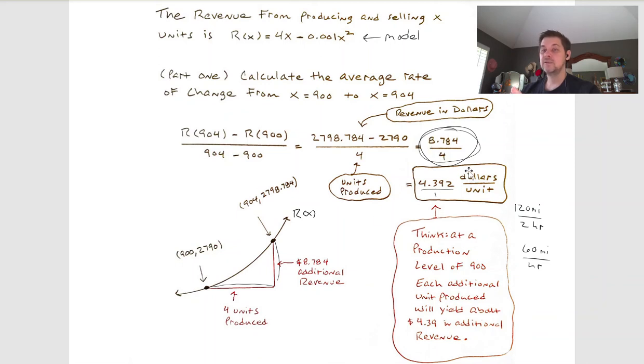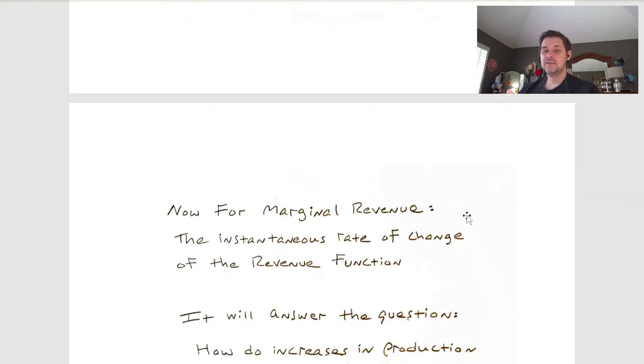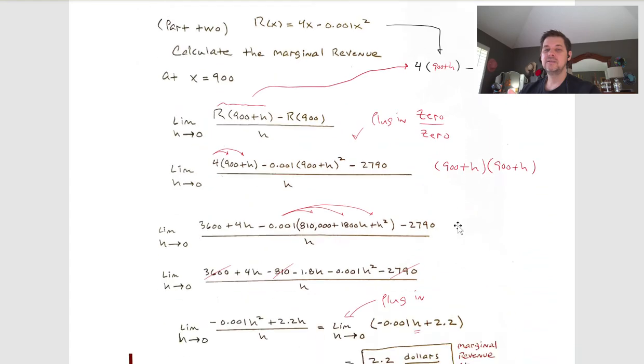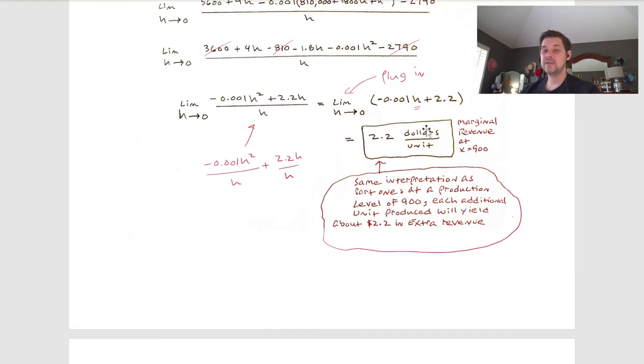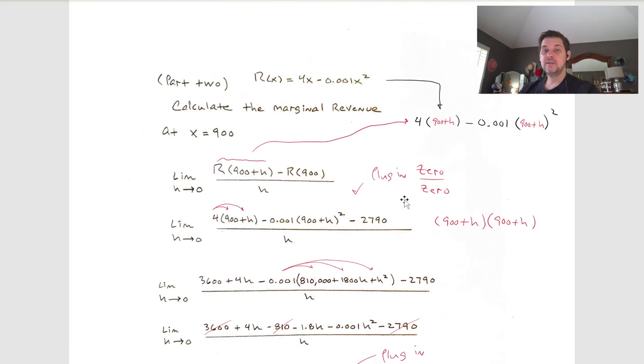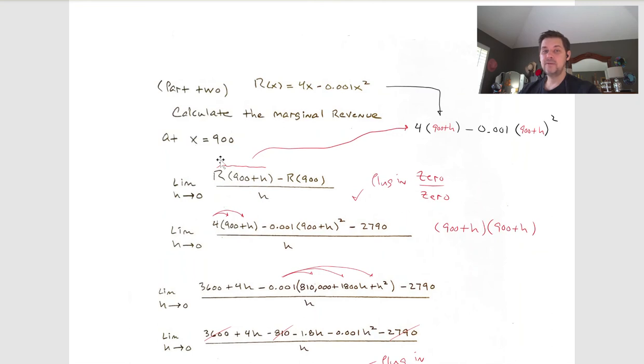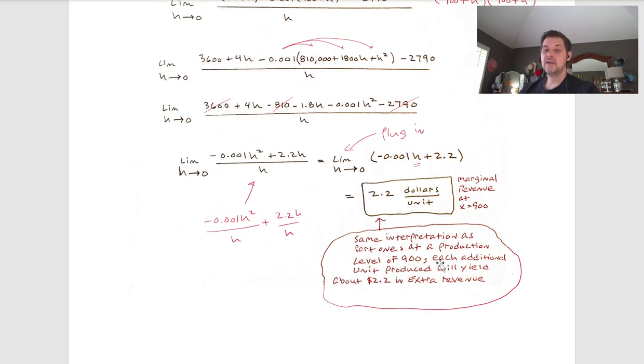So the units were dollars per unit or dollars of revenue per unit. Okay, so that same thing will be true for the instantaneous rate of change. It will be in dollars per unit, and the interpretation will be the same. At a production level of 900, because all of this was based on that value of x is 900, so at a production level of 900, each additional unit produced will yield about $2.20 in extra revenue.